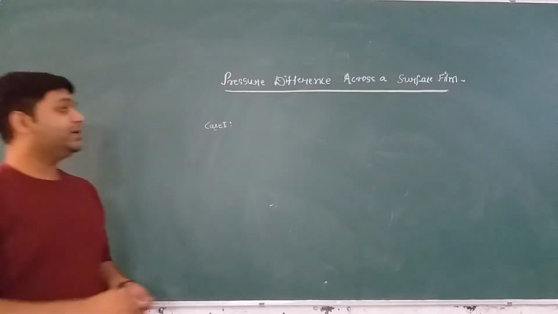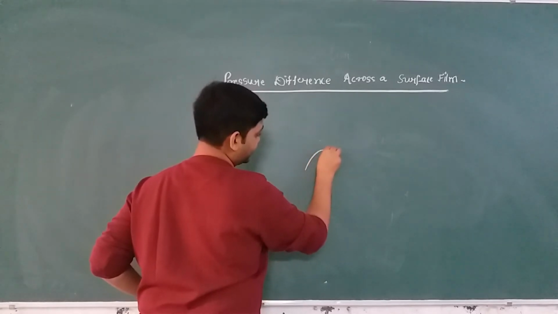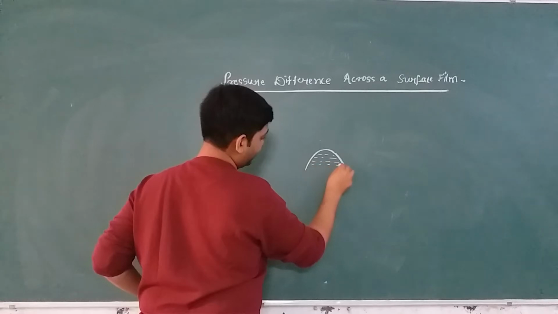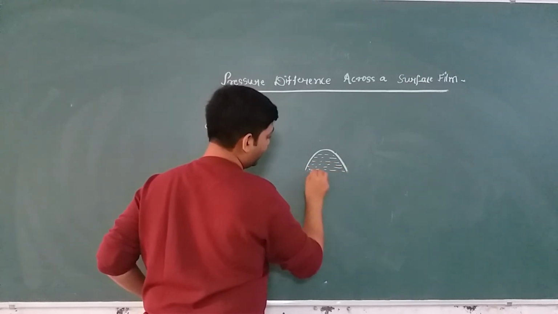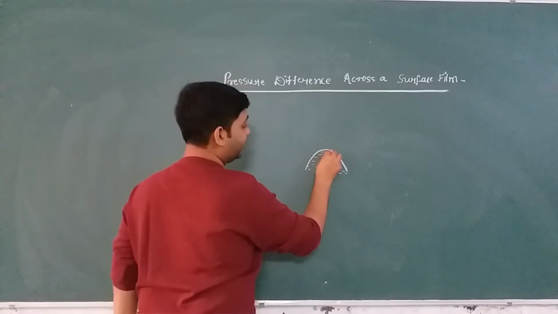The case 2 is when the surface of the liquid is convex, like this. So this is the liquid, and here what happens is the free surface of the liquid is convex.